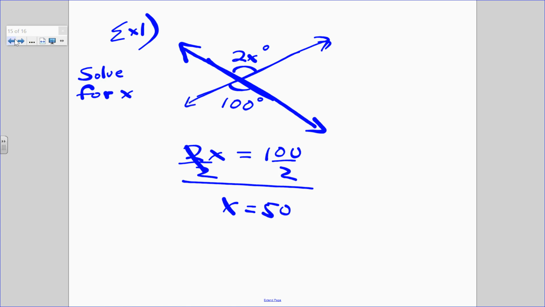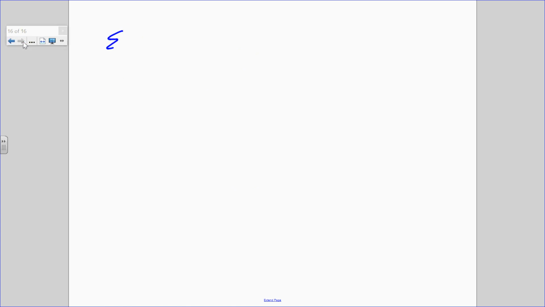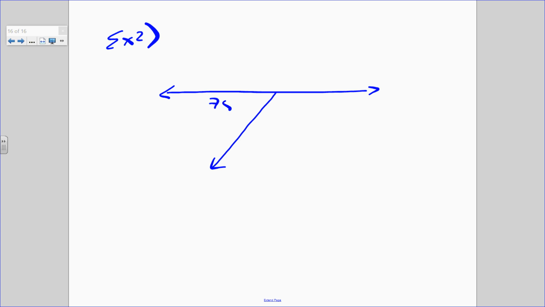So example 2, watch this one. I'm going to draw a straight line. Let's say this angle is 75 degrees.